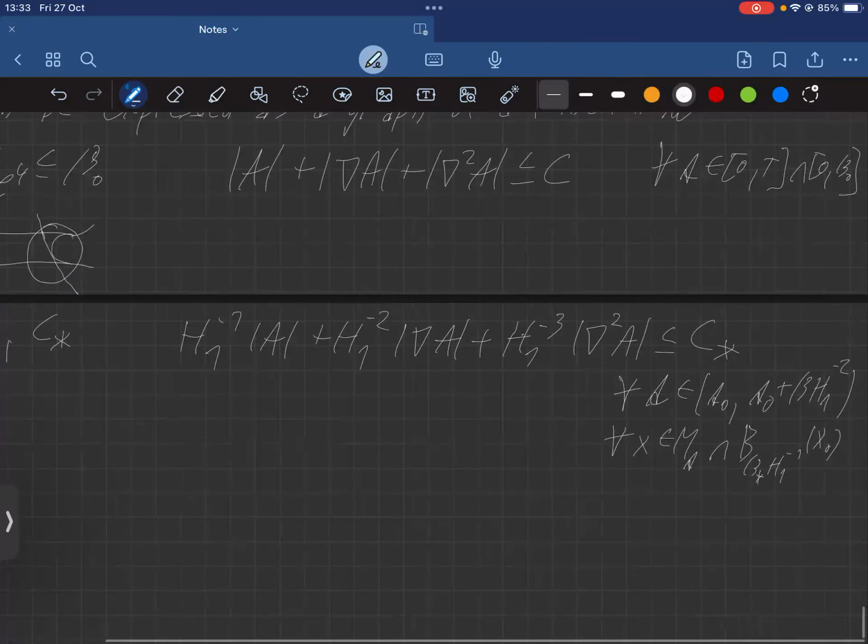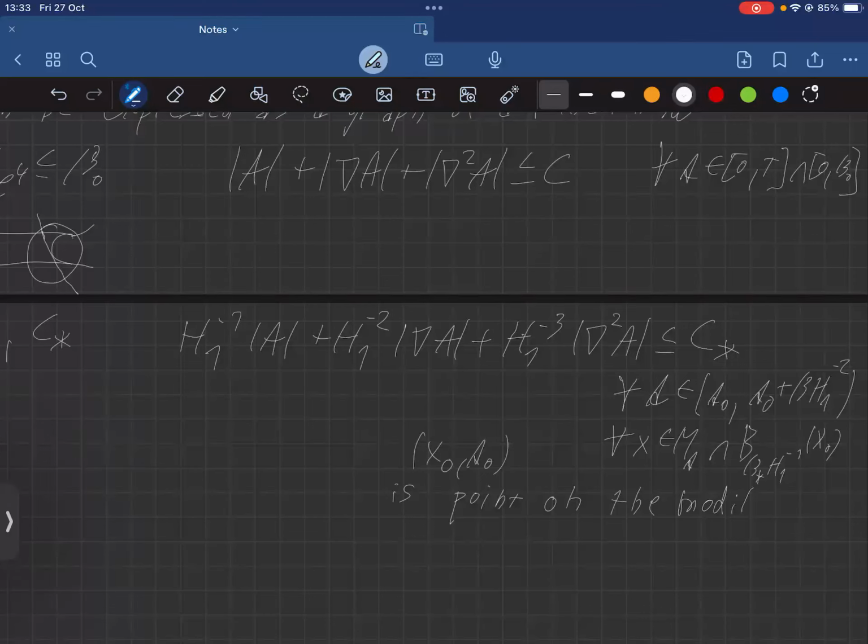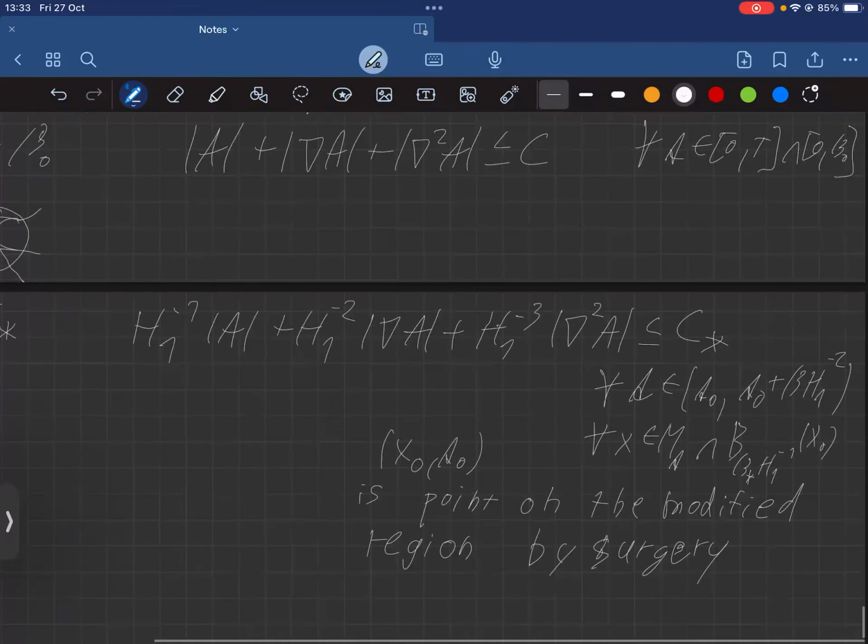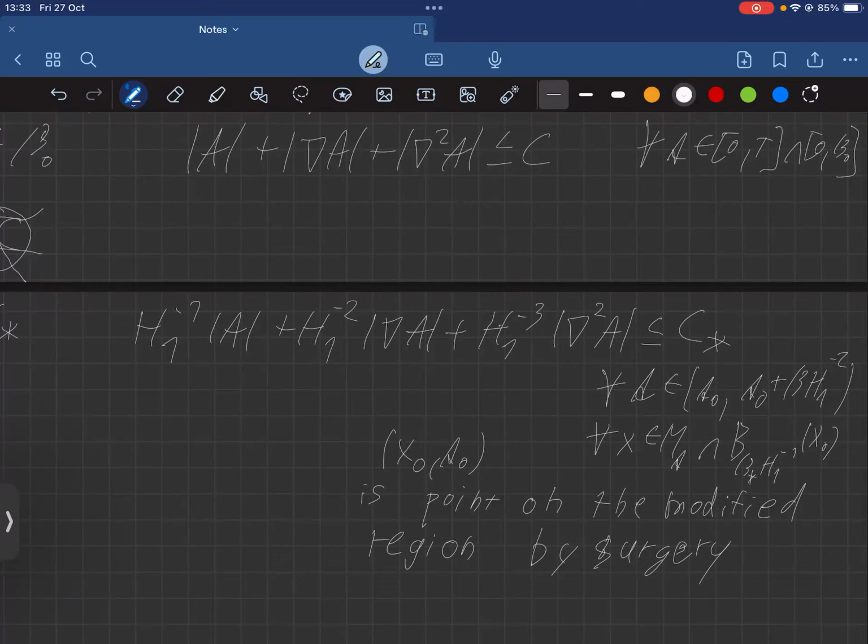Here I'm using that x0, t0 is a point on the region modified by surgery. So this estimate is just the rescaling of the pseudo-locality principle, but it says that right after the surgery, we have the estimate for our second fundamental form and its derivatives in some ball.